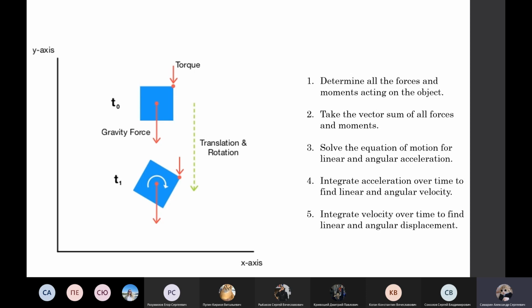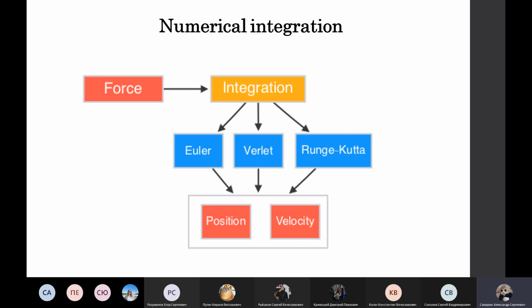If gravitational force and torque are applied to an object, the physics engine cycle creates the illusion that the object is falling and rotating. In computers, integrals are calculated using numerical integration. The reason is that computers can only approximate the value of an integral using numerical methods.